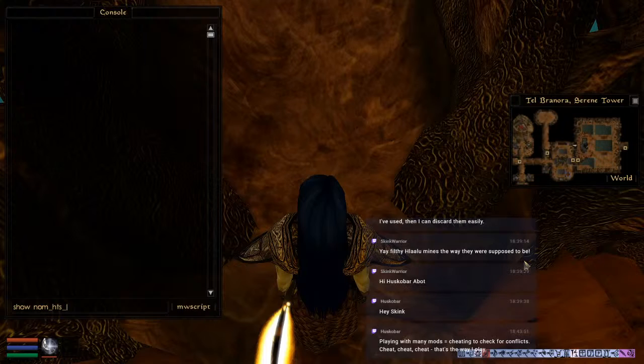Oh, it's called non-active HTS. That should be one. Let's see. Oh, you see, it is 0.